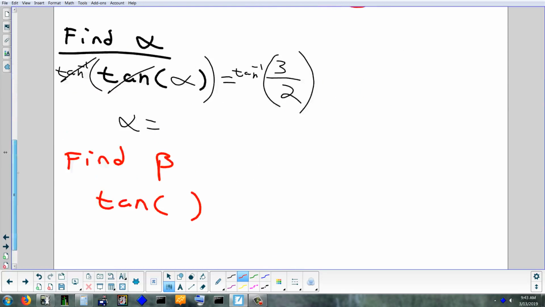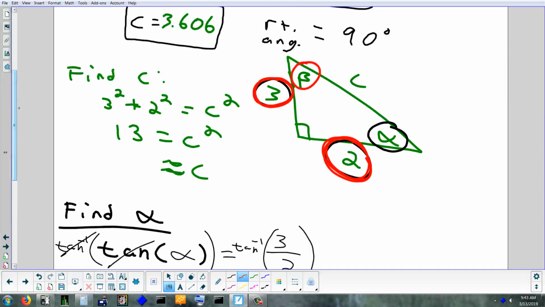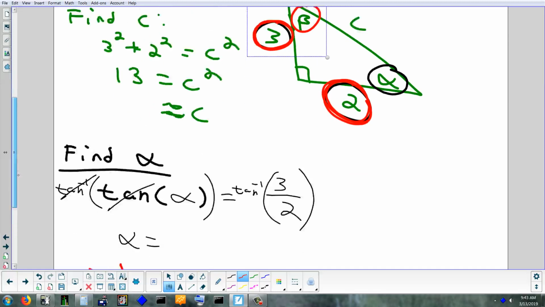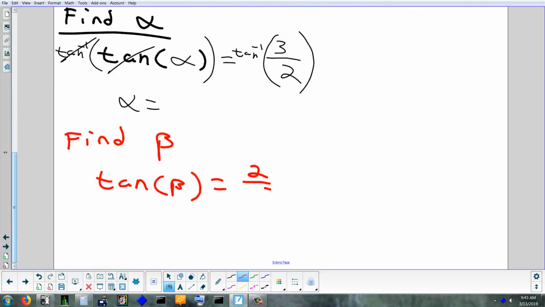So it's going to be tangent. This time it's beta. And put your opposite over your adjacent. 2 over 3 instead of 3 over 2. It flipped. And same thing I did last time. How am I going to get beta by itself? Take the inverse tangent.